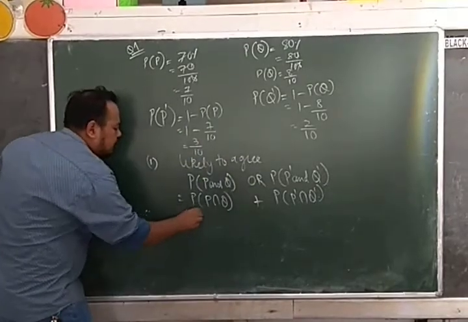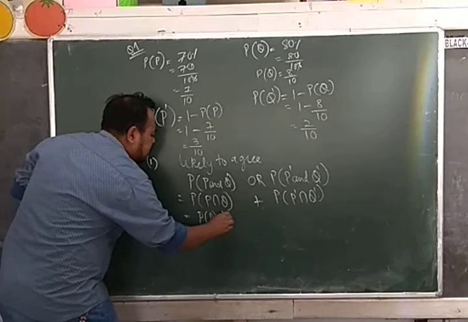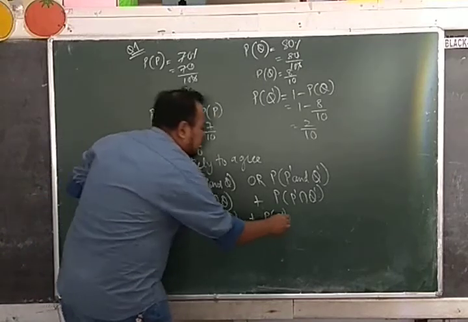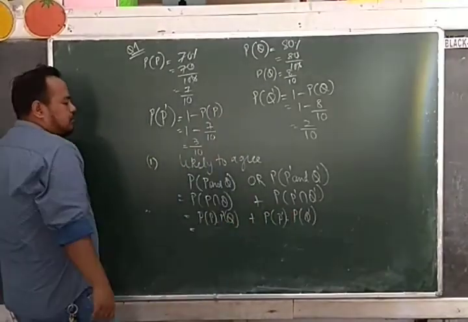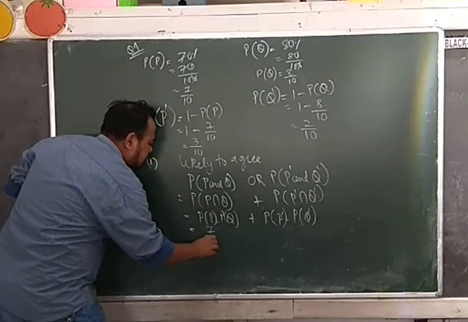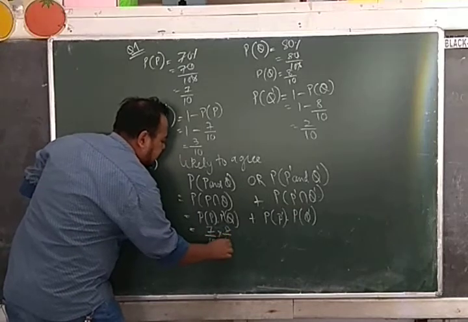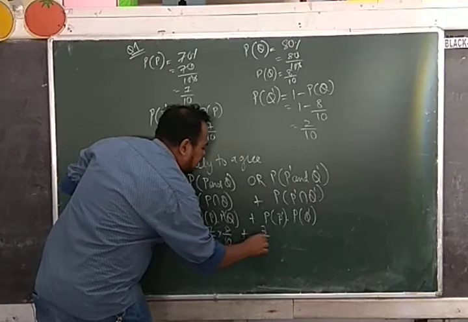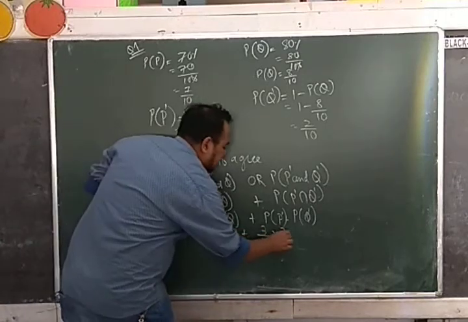And what is the formula for this? Since these are independent events, probability of P into probability of Q, plus probability of P dash into probability of Q dash. So put in the values. What is probability of P? 7 by 10 into probability of Q, which is 8 by 10, plus probability of P dash, which is 3 by 10, into probability of Q dash, which is 2 by 10.